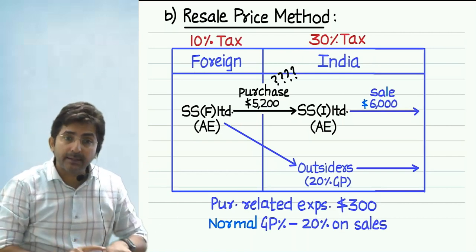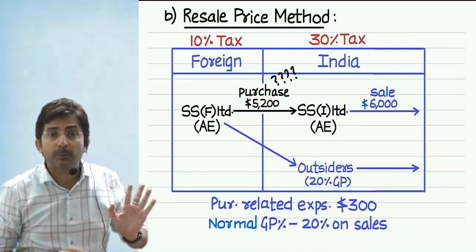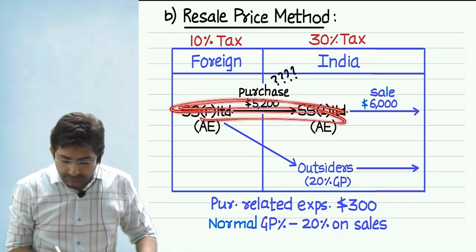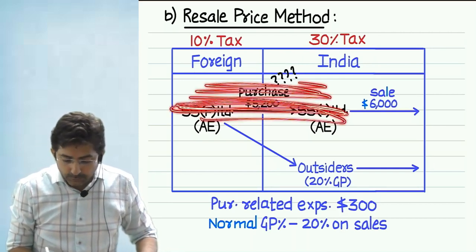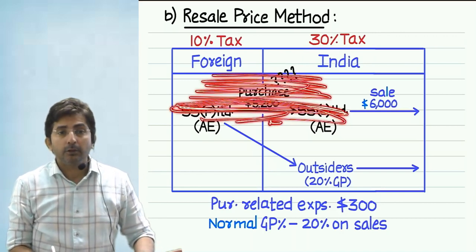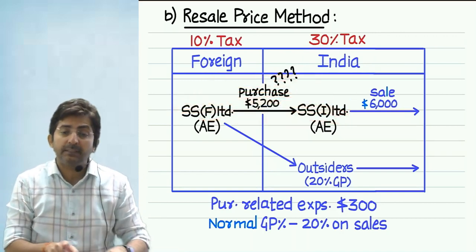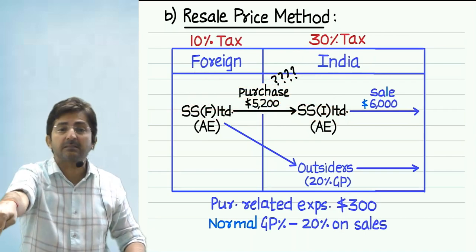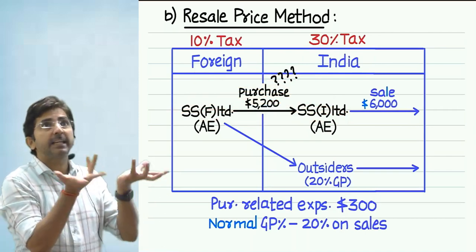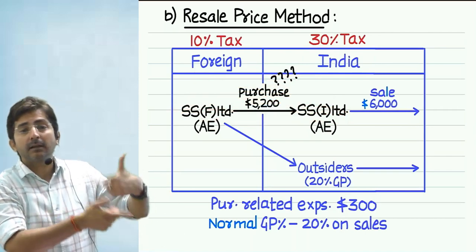Adjustment has to be done in the outsider's price. Never try to adjust the prices between associated enterprises, because prices between associated enterprises, we are targeting that as a cheater. So we have to find the genuine price with the outsider's transaction price.